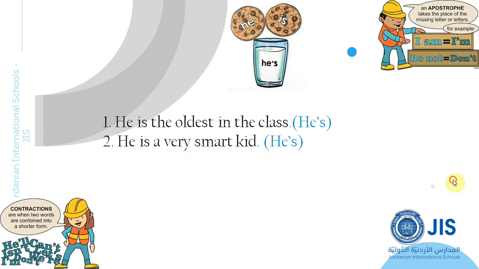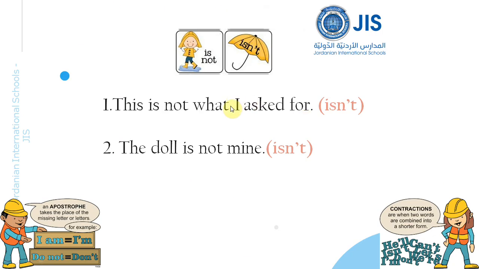Alright, let's move to the other one. It's quite simple, right guys? It's very easy and very beautiful. Alright, let's see. The other two words that we have to make contractions for is not.